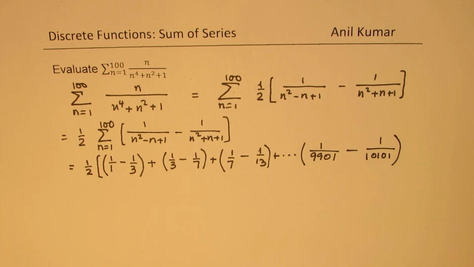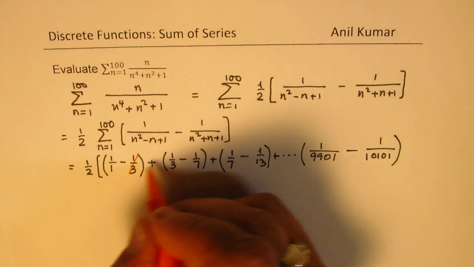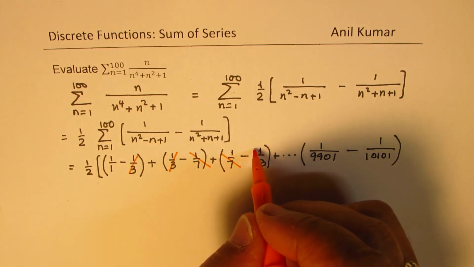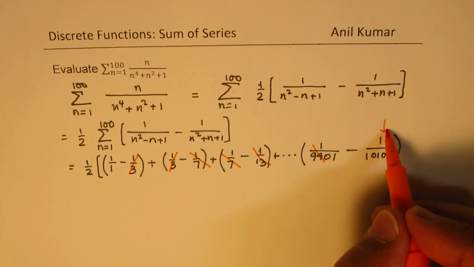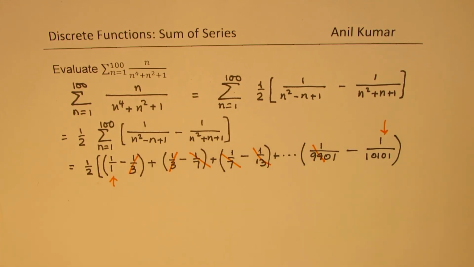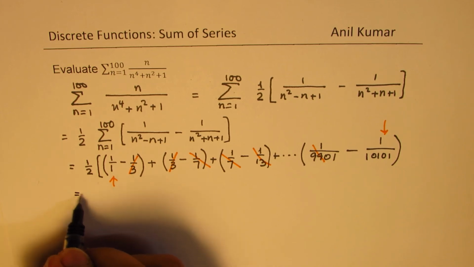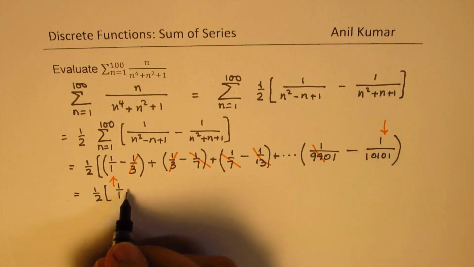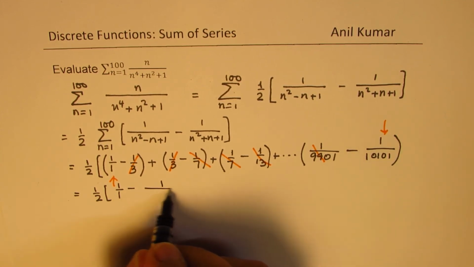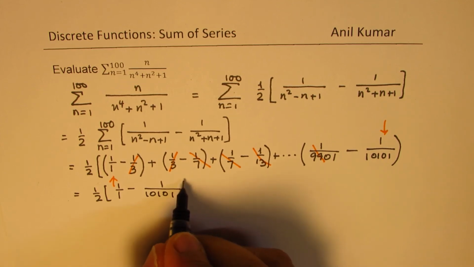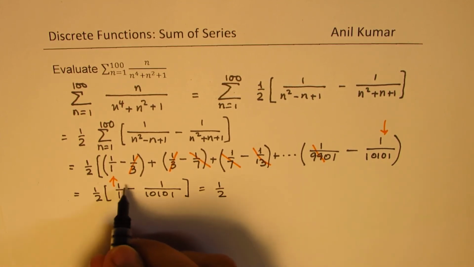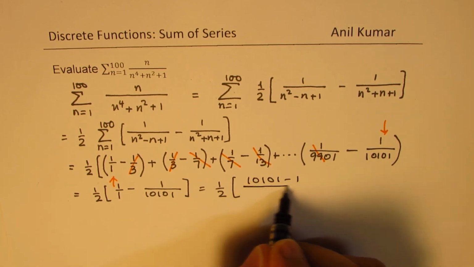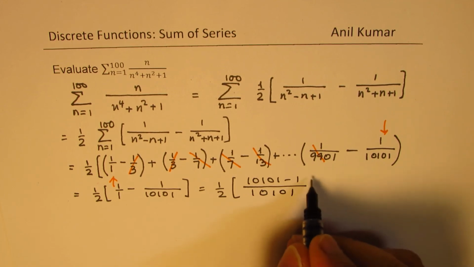Now when you add this series, you can clearly see that all the terms in between cancel. Do you see that? So likewise, all will cancel. What remains is these two terms. So the sum is now very clear. It is half of 1 over 1 itself minus 1 over 10101, right?